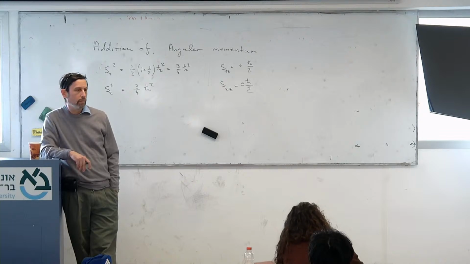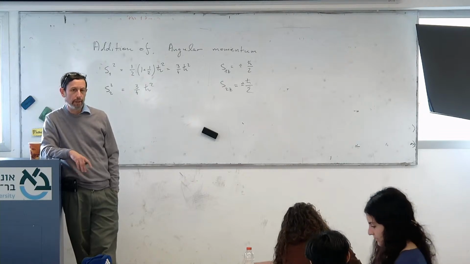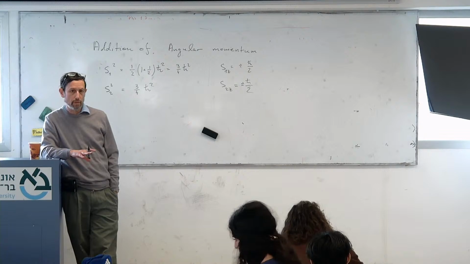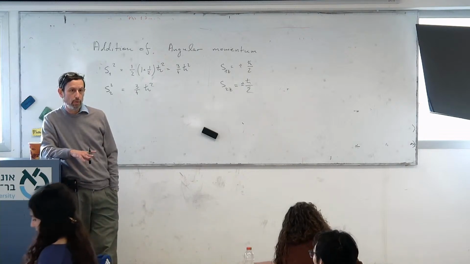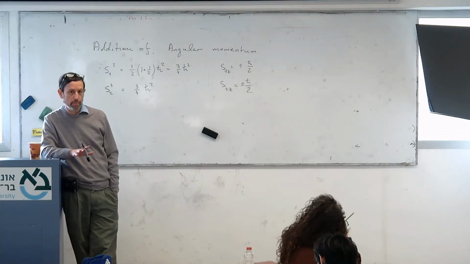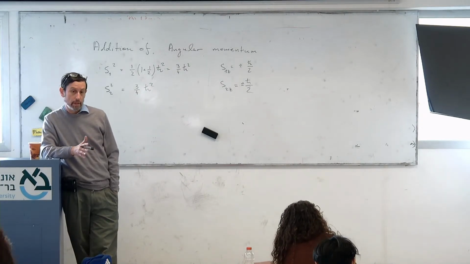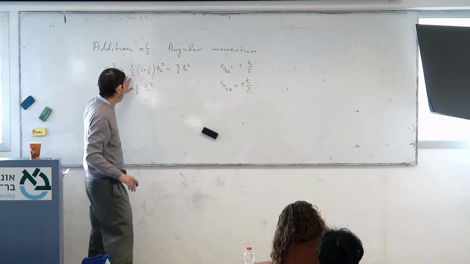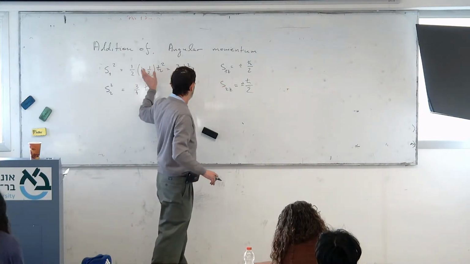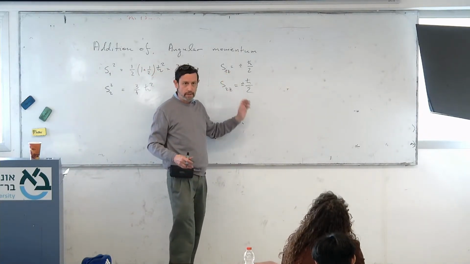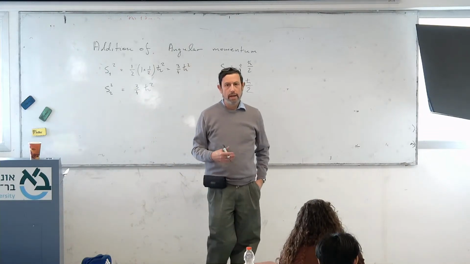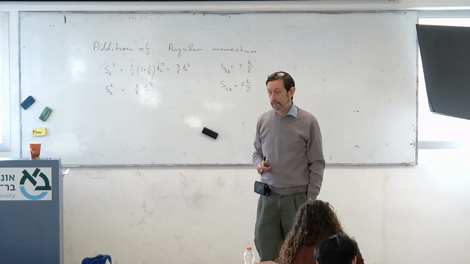Okay, as I said, we are dealing here with two spin half particles, and I just wrote what are the two quantum numbers for each particle that describe the particle: S squared, in this case S1 squared, and S1z, and the same for S2.